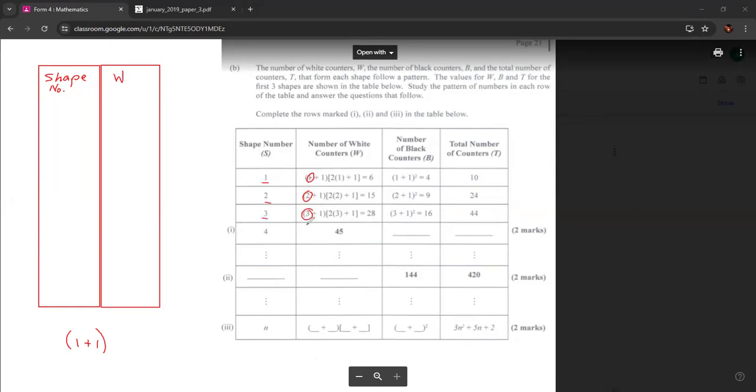So when it was 4, this would have been 4 plus 1. And in this case, we saw 2 times a number, and this number here also changed with respect to your figure number plus 1. So if we had 4, it would have been 4 plus 1 times 2 times 4 plus 1.